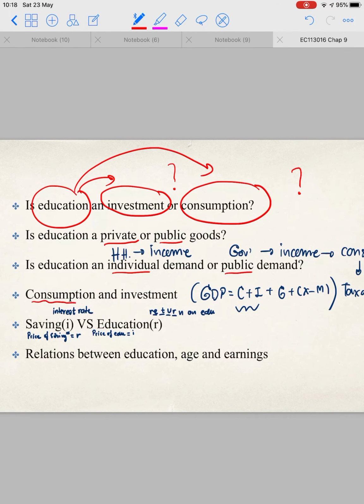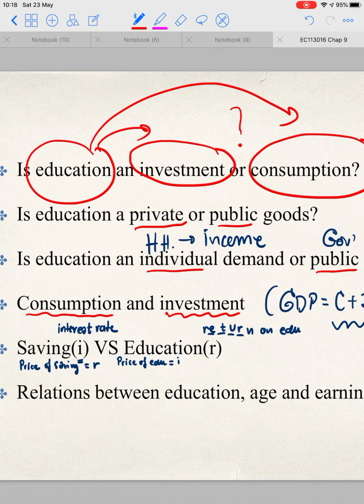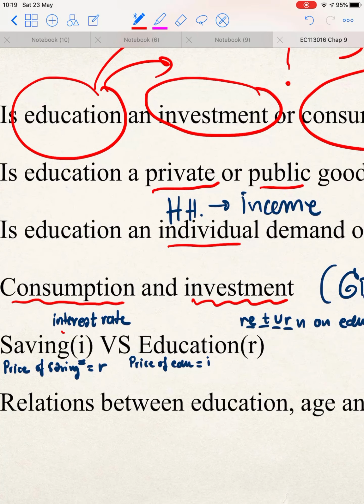We will be familiar with these two words, consumption and investment, and saving and education. In this chapter, when we save, we gain the interest rate, or return on saving, as interest rate.